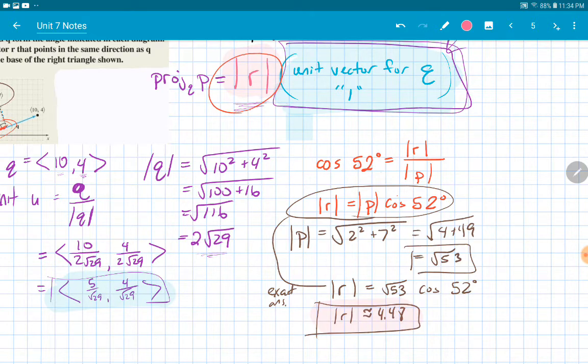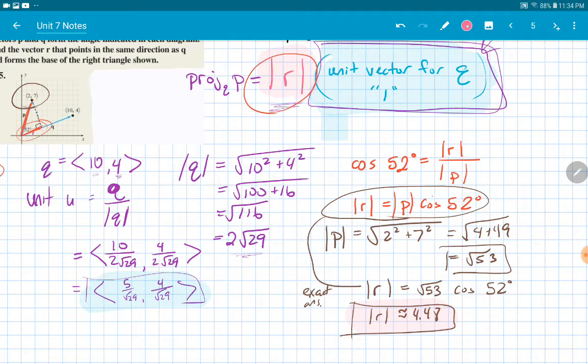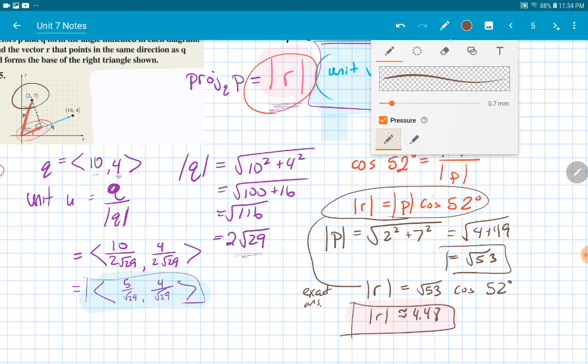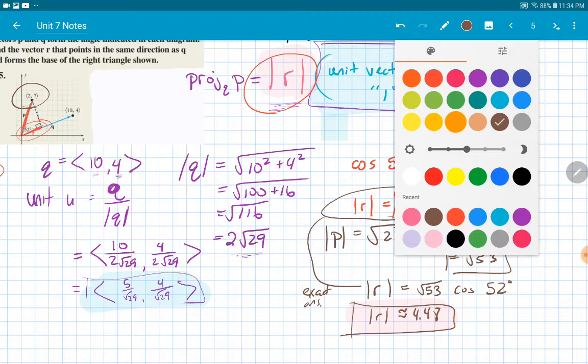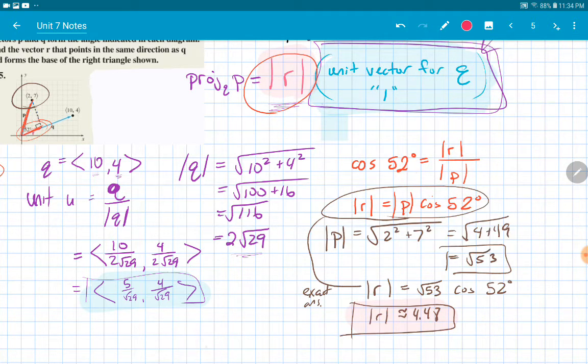Now I have to put these two things together to get that projection, that vector R. So R equals the length of R, which we estimated to be 4.48, times the direction of Q, which is 5 over radical 29. That's the unit vector of Q.